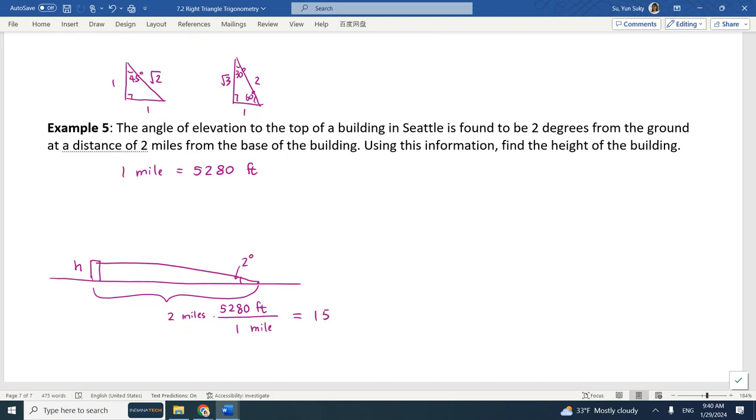Let's see. 2 times 5 is 10, right? And then 560. 10,560.